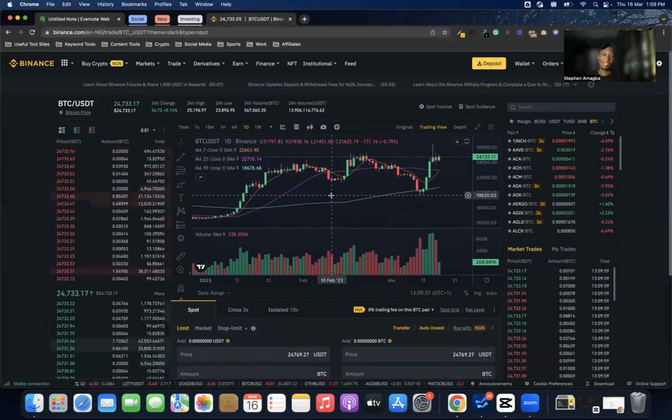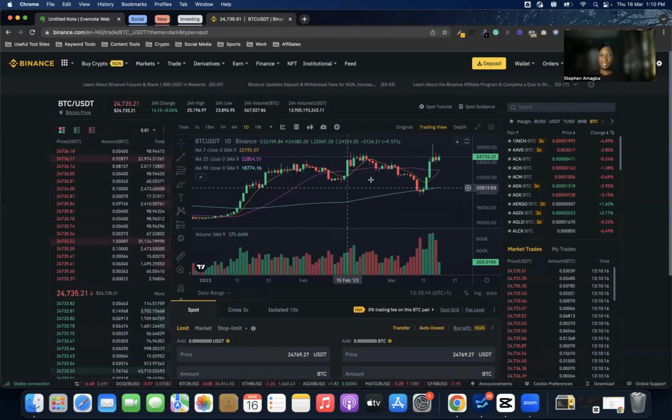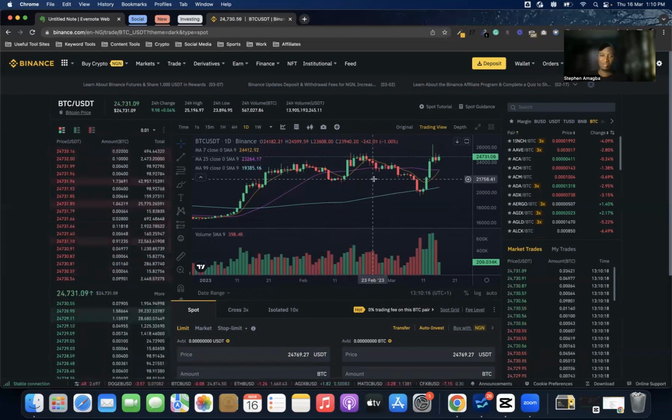Then fundamental analysis is basically checking the fundamentals of that particular cryptocurrency, the holding wallets, the developers, reading the white papers and all that stuff. Okay, so that's basically it. But in essence, what I'm trying to say is do your due diligence before investing in any cryptocurrency.